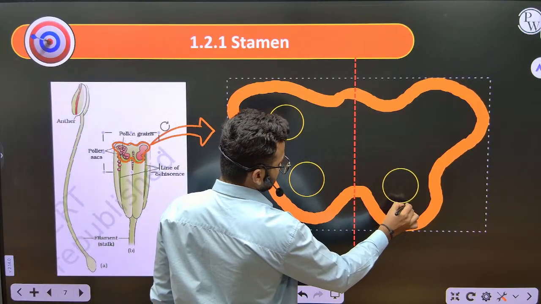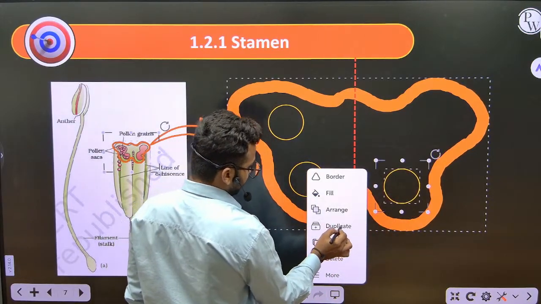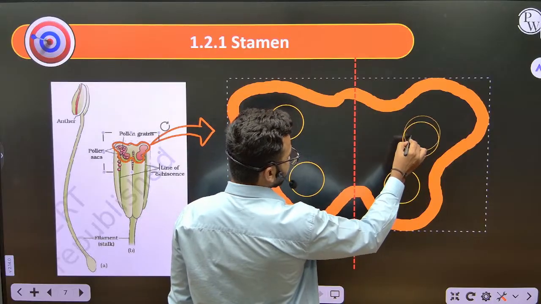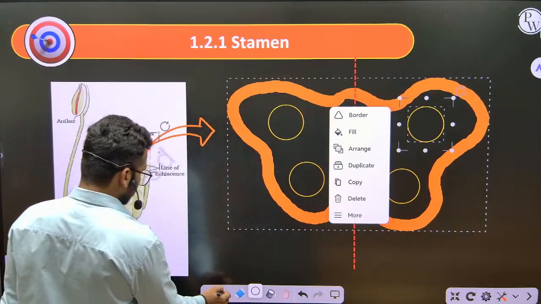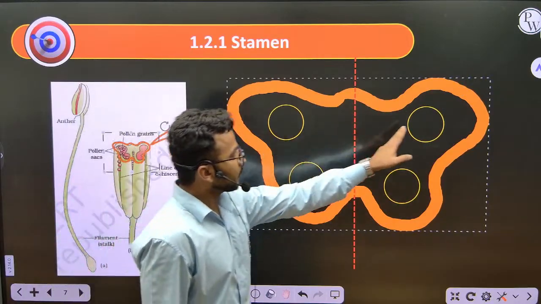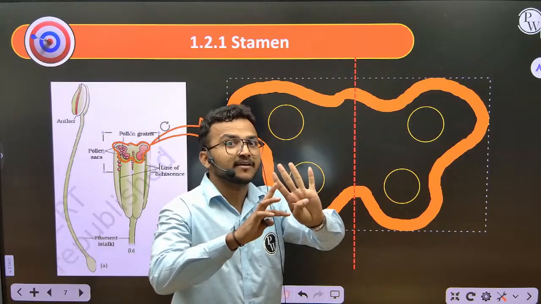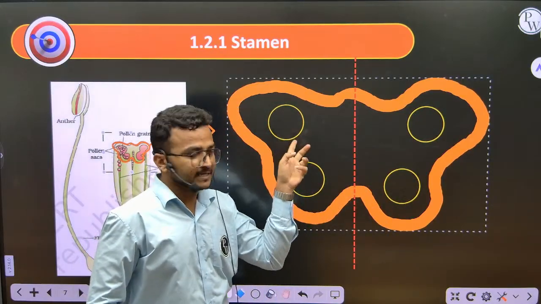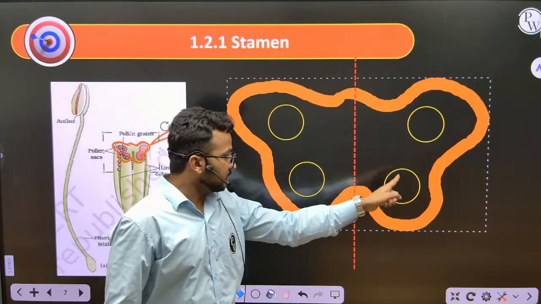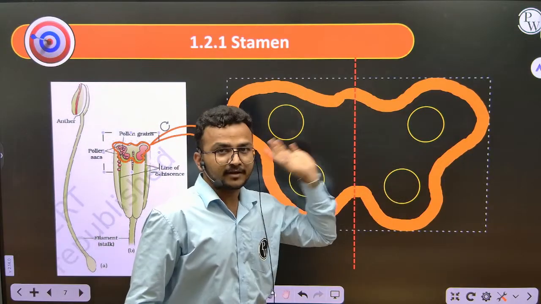See, in each lobe there are two thecas. So the two thecas in each lobe, I can say it as four sporangium, four bags. One theca is nothing but one sporangium. This is another sporangium. This is another sporangium. This is another sporangium.